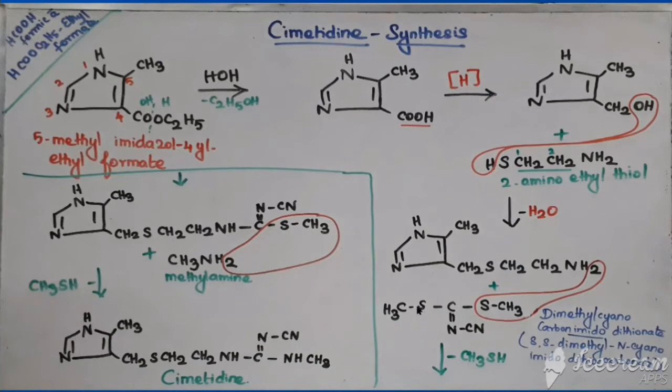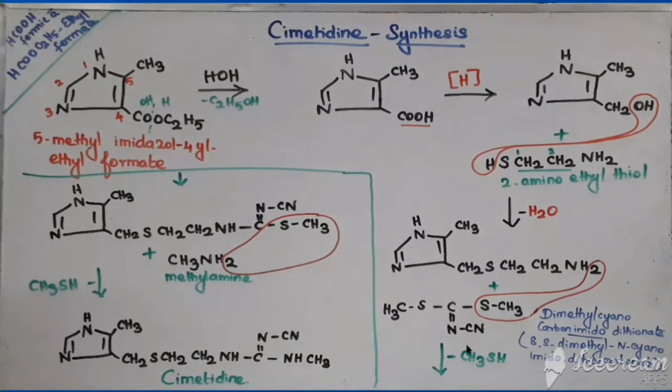For two sulfurs it is called dithio, and totally it can be called carbonate. So what is the chemical name? S dimethyl N-cyano imido dithiocarbonate, that is otherwise called dimethyl cyano carbon imido dithionate. Two names for that, you can choose any one to write.